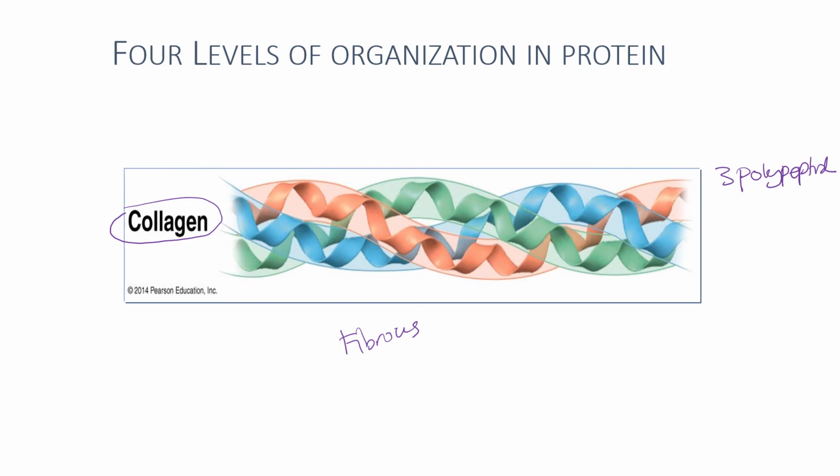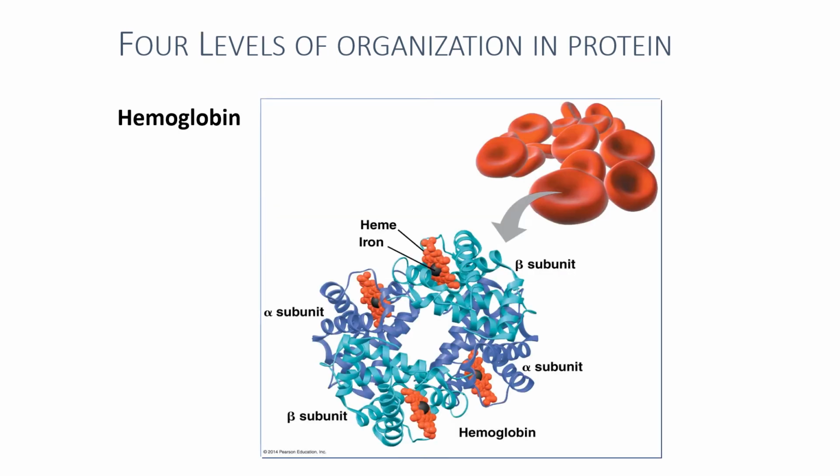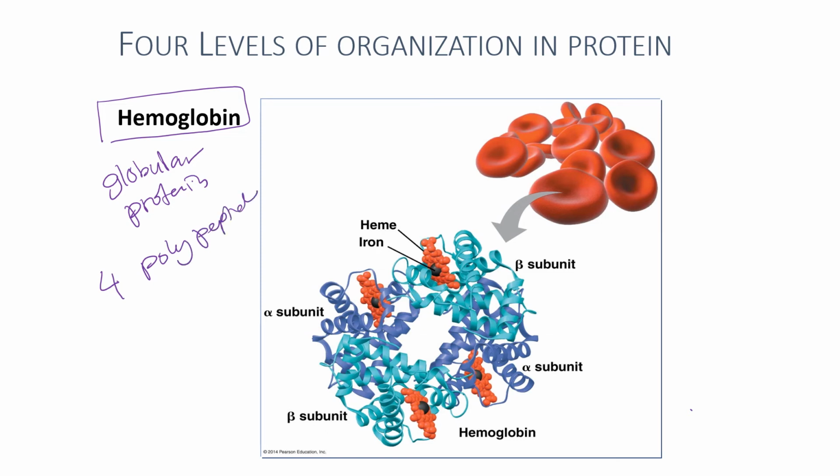The next one is hemoglobin. Hemoglobin is a type of globular protein. This globular protein, hemoglobin, consists of 4 polypeptide chains. So the quaternary structure of protein consists of 2 or more polypeptide chains that are combined together to form a functional protein.